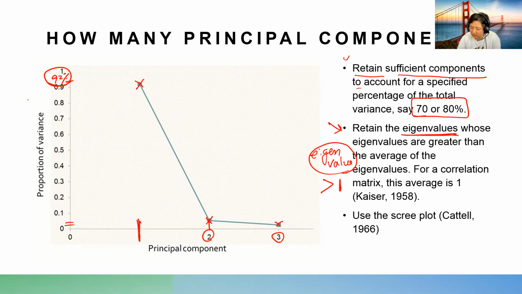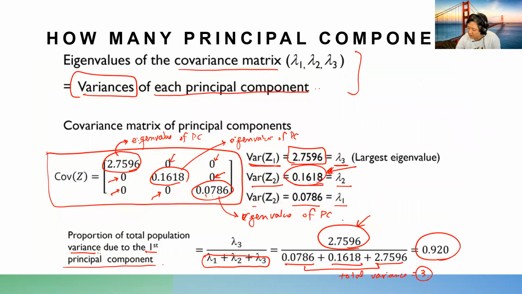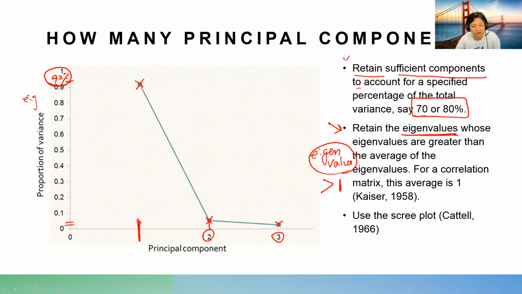We don't have the eigenvalue information here, but if you go back, we have only one eigenvalue greater than 1, right? The second eigenvalue is much less than 1. The third eigenvalue is much less than 1, right? So we will select only 1. This is the second approach.